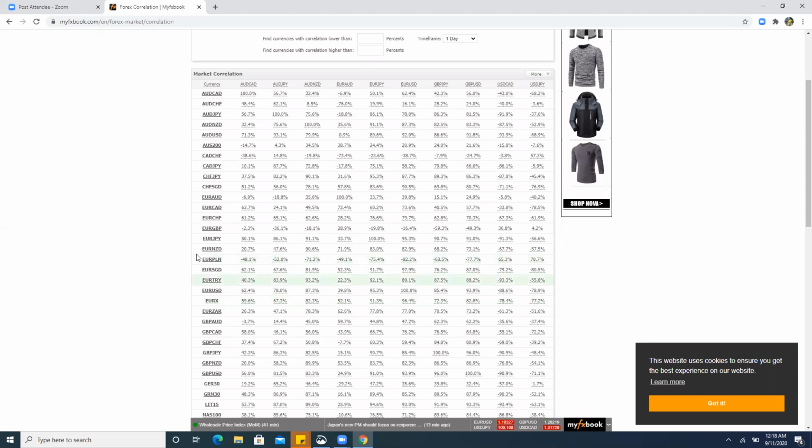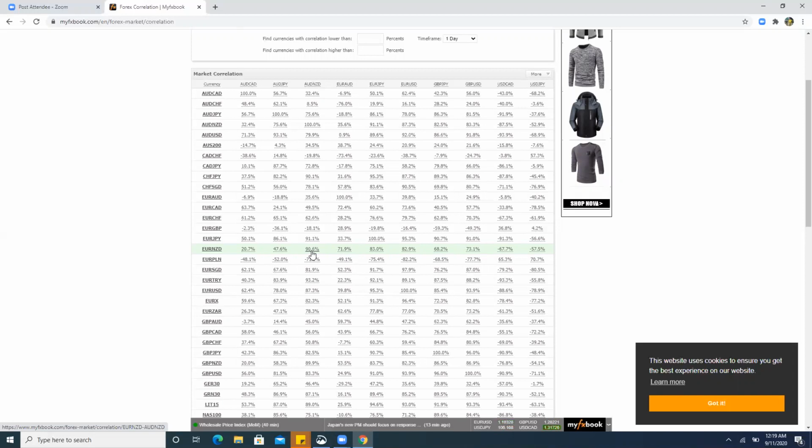Say we're picking Euro NZD here, and I'm looking to sell Euro NZD. If I'm looking to sell Euro NZD, I want to make sure any other currency pair that I'm looking at, I'm not taking a trade that doesn't match up with my trade with Euro NZD.